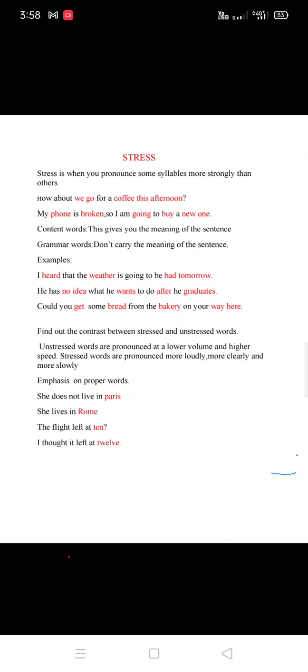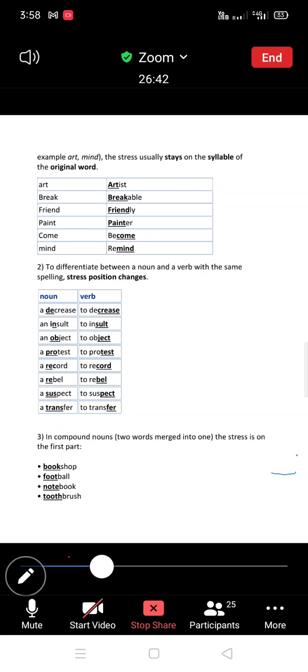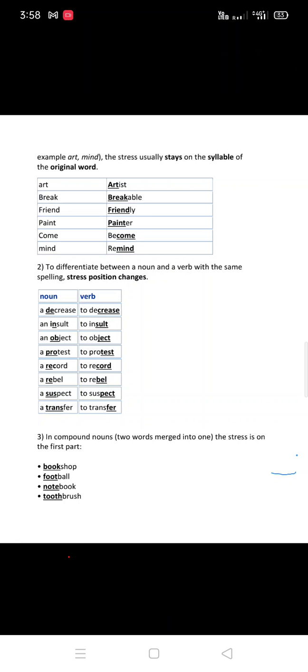Regarding word stress, there are some rules, and you just have to practice. If you can't remember, then you can follow the sentence stress only. I hope all of you can remember if you practice. In today's class also, we will do practice.